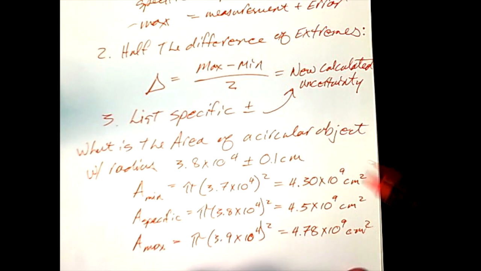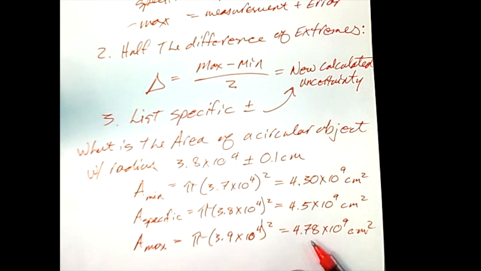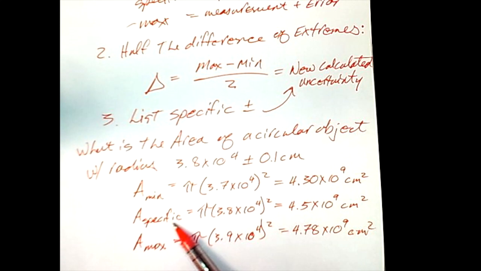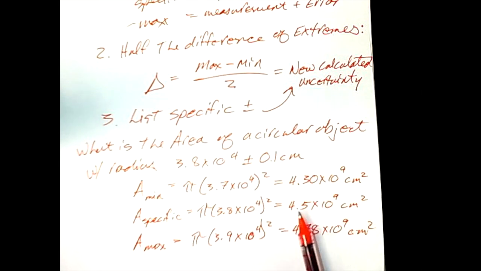Notice that in the minimum and the maximum, I've carried it out to an extra decimal. This is because I don't want to over-round preemptively. I'm not going to round to the proper significance until I report my specific value, because I'm using these two to perform a secondary calculation. I'm going to drag out an extra significant digit so I don't over-round.